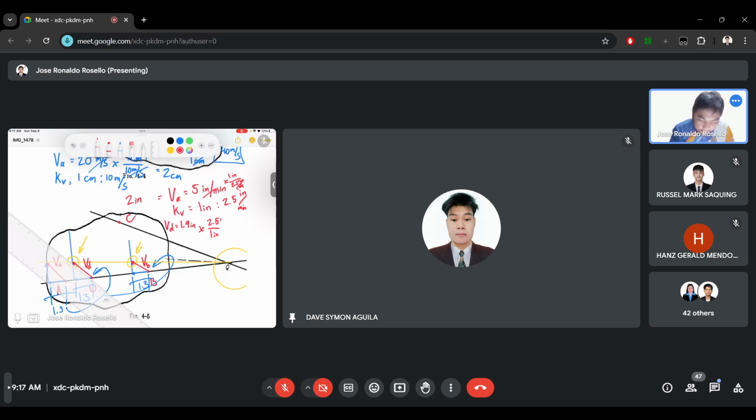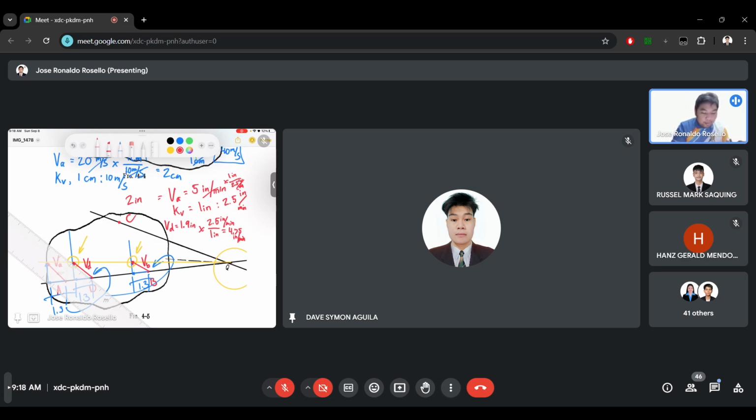And the product is, kayo naman, bulok mag-multiply. 1.9 times 2.5 is 4.75 inch per minute. So that's the first example.